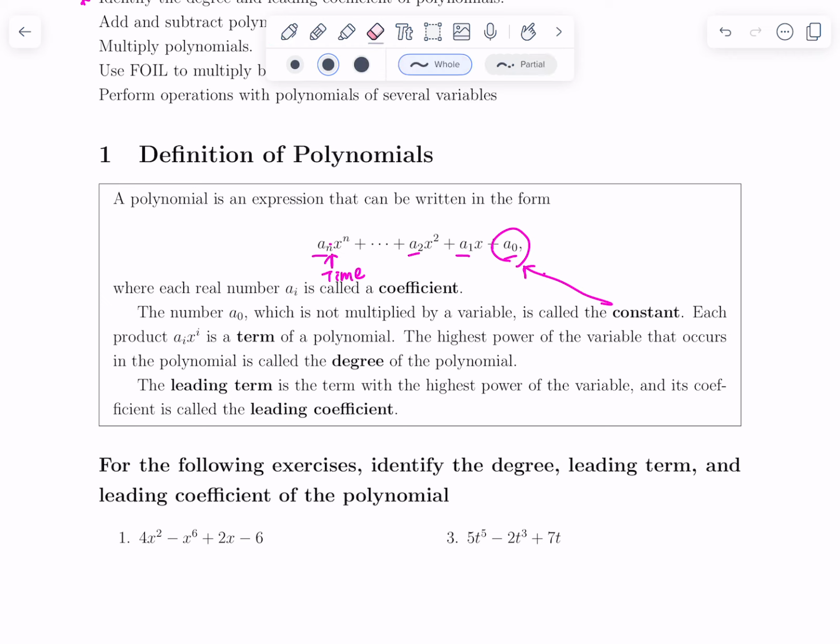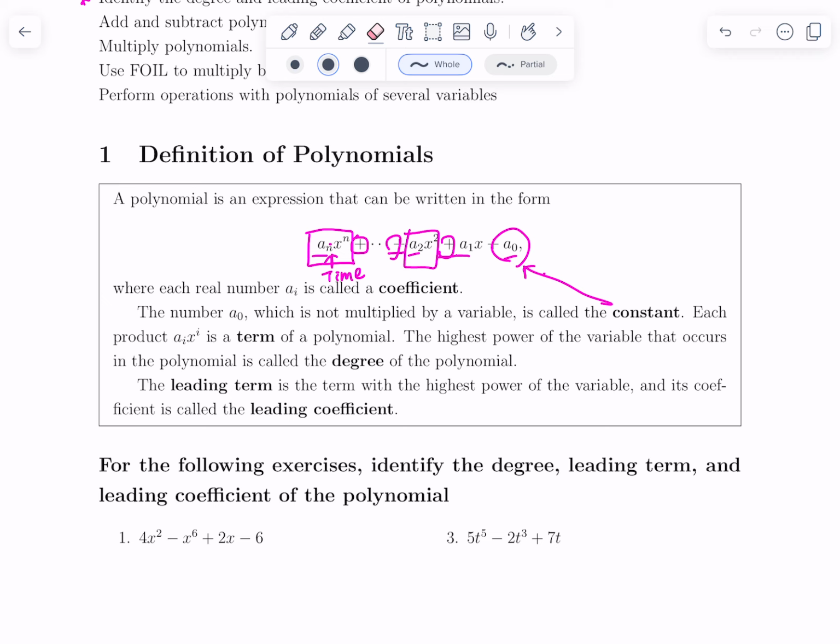And there is a definition: each a_i times x to the i is a term of the polynomial. So let's look at here. The terms are normally connected by plus or minus. So you see here is a plus, here is a plus. The plus signs connect them, and those are called one term.